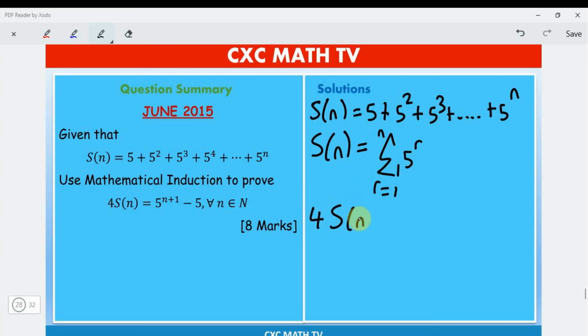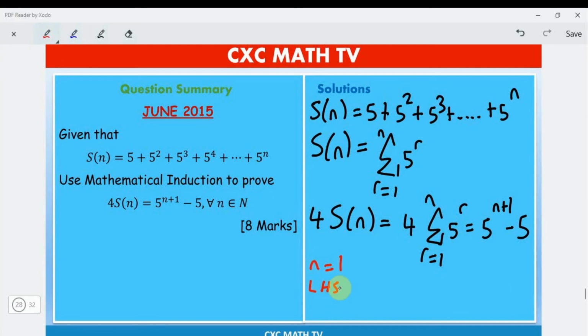So now we can say that 4Sn is equal to 4 times the summation from r equal 1 to n of 5 to the r, and we're trying to prove that this is equal to 5 to the n plus 1 minus 5. Now we can do the proof by substituting n equal 1. That's step 1. The left hand side, plugging in n as 1, is 4 times 5 to the 1, which is 20.